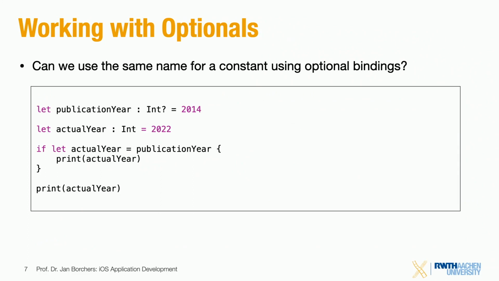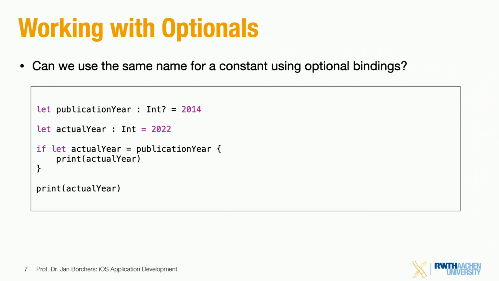So, but that also leads to a couple interesting scenarios where some things are maybe not that obvious as they could be. So, for example, here we have our optional integer for the publication year, and we also have a constant for the actual year that's set to 2022.